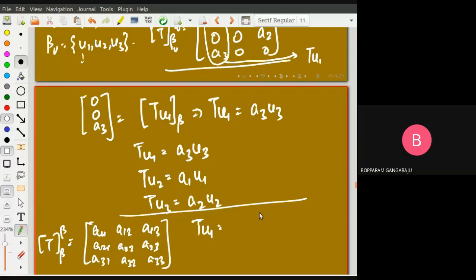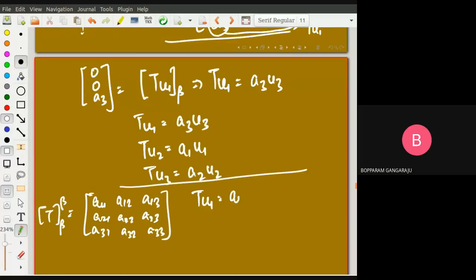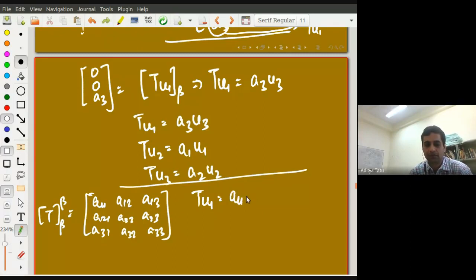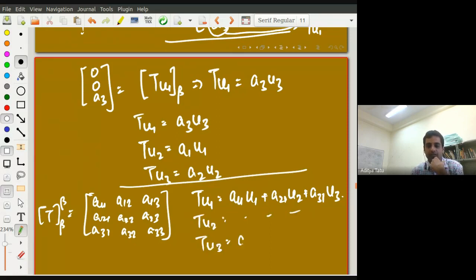A11 U1 plus A21 U2 plus A31 U3, right? And similarly TU2 would be whatever. TU3 would be A13 U1 plus A23 U2 plus A33 U3.